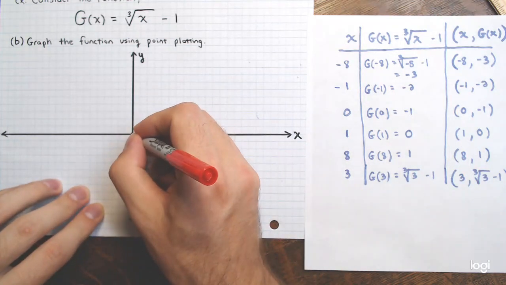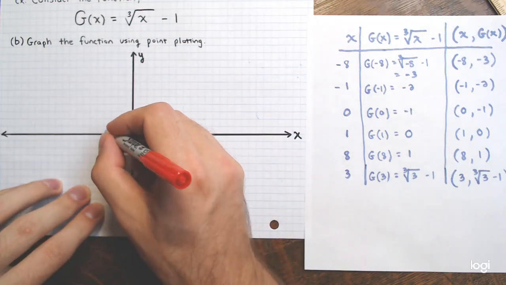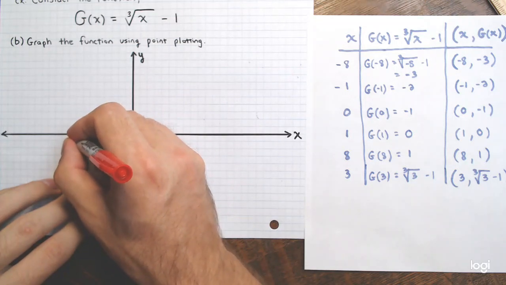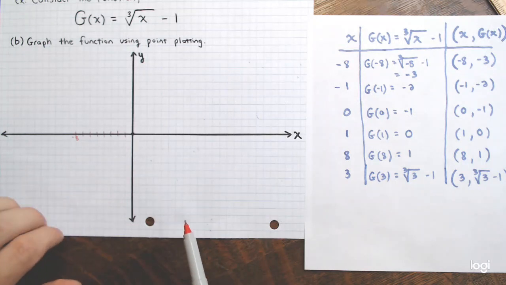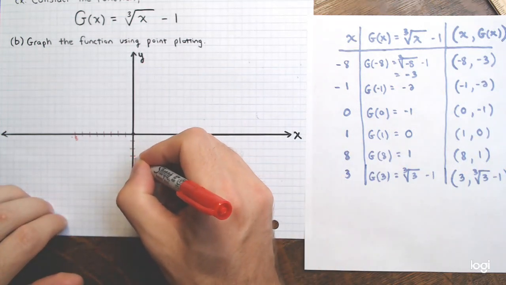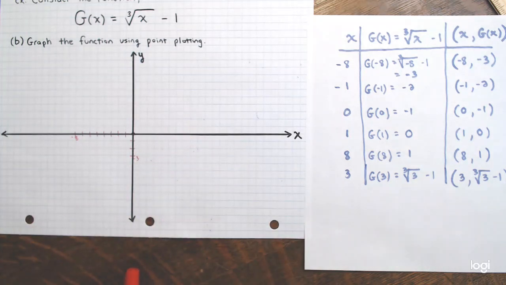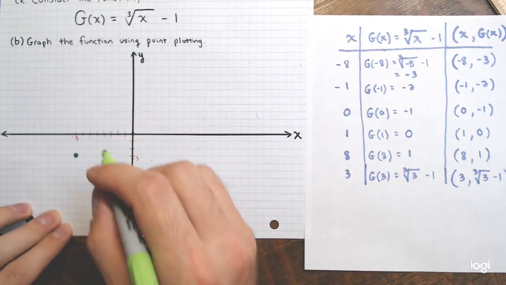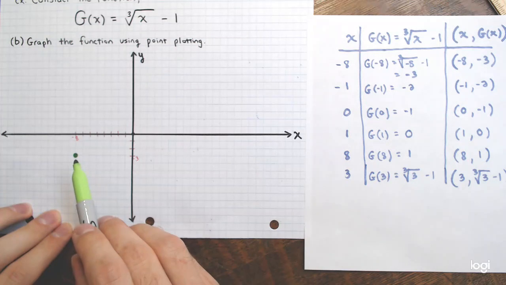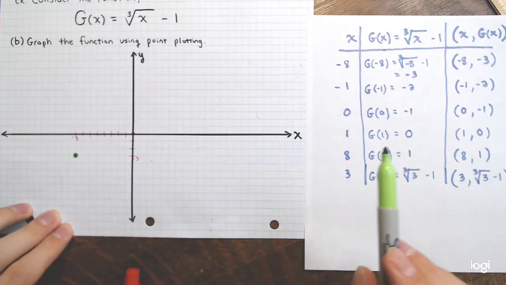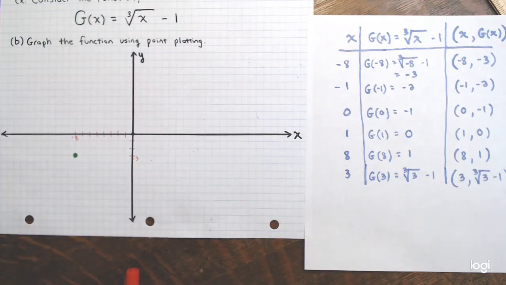So there's the origin. So that's -8. Alright, -8 for the input, -3 on the vertical axis, and -3 for the output. Alright, so we're talking this location right here. If you want to label the point as well, put the ordered pair next to it, that's fine, but that's -8, -3.